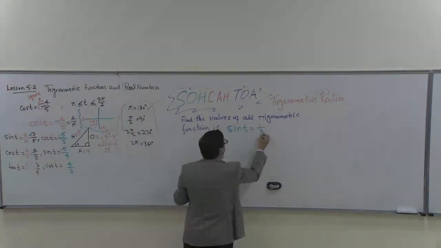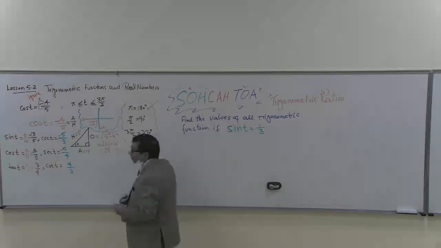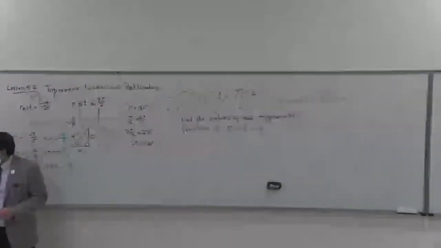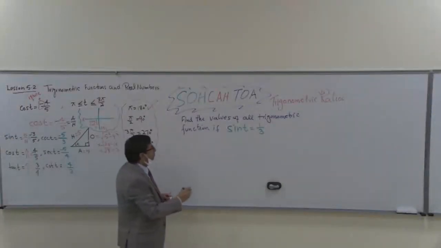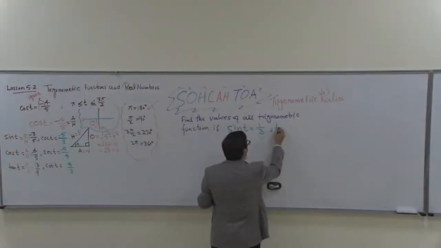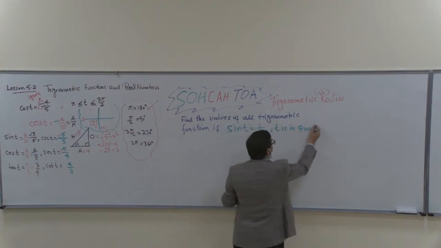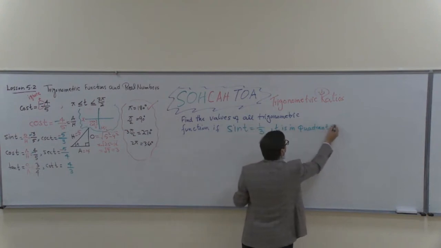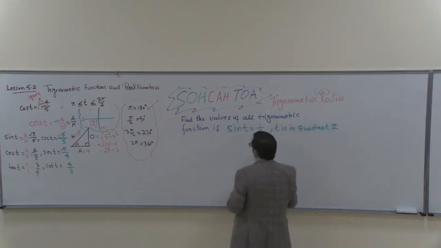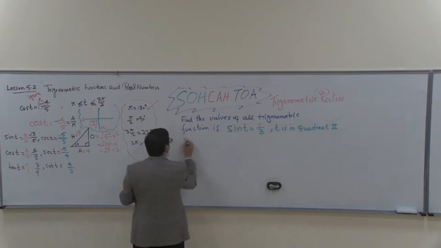Sine t is 1 over 3, and t is in quadrant number 2. Okay, go ahead, please do it.